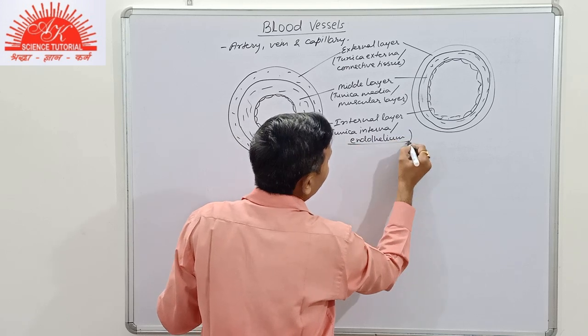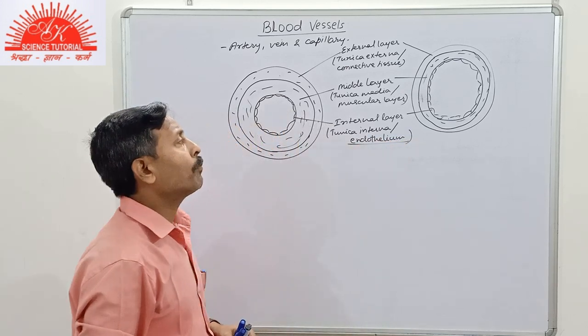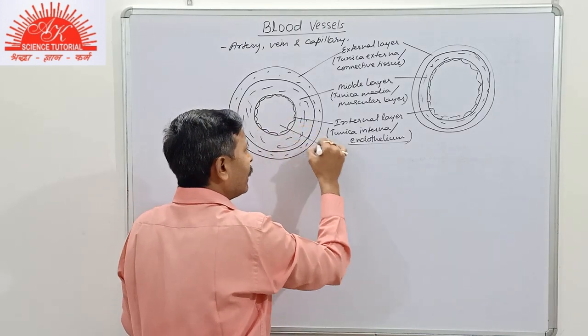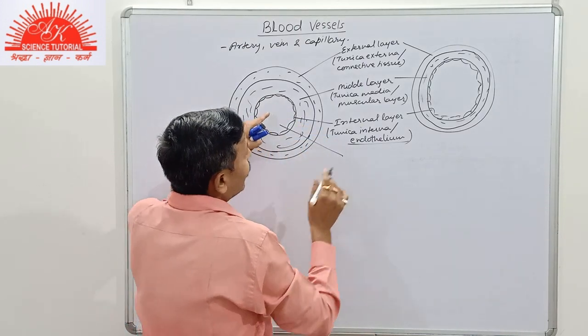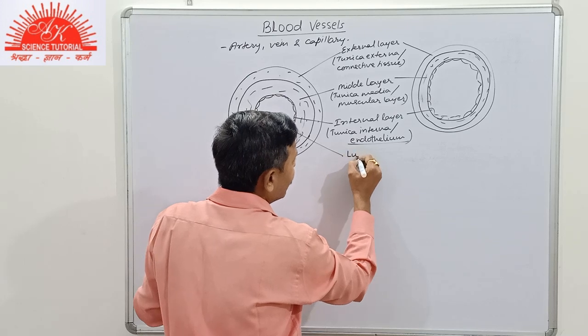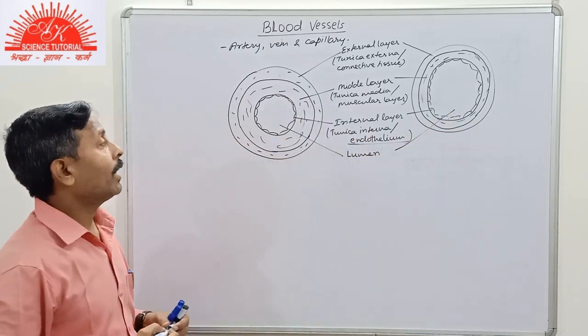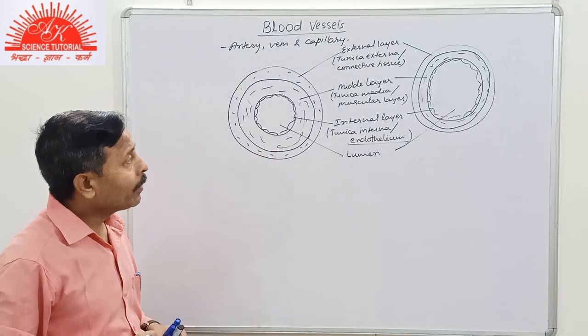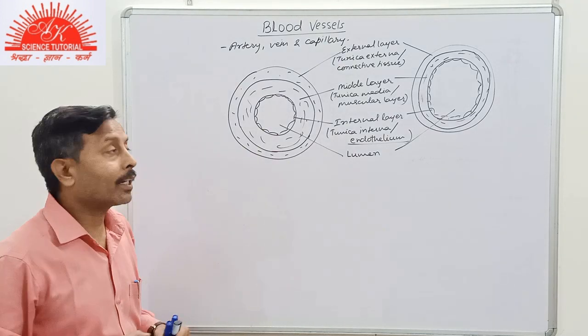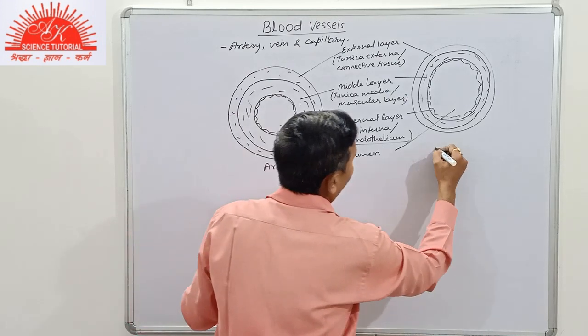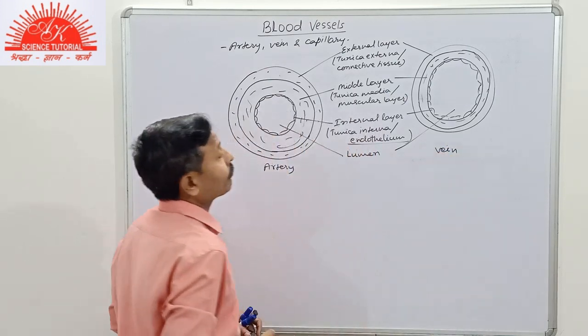It is the thin epithelial layer, so it is called endothelium. And finally, the last labeling is for the passage, termed the lumen. We see that artery has a narrow lumen and vein has a wider lumen. So this is artery and this is vein.